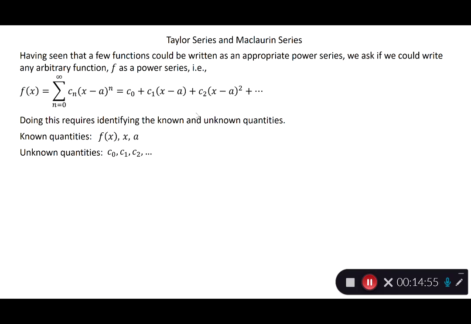Not all of them may be different. It's possible that C sub 0 is 1 in both cases. But in general, the set C sub 0, C1, C2, all of this is different for different functions. The only thing is, can we figure out the values of those constants? Okay.